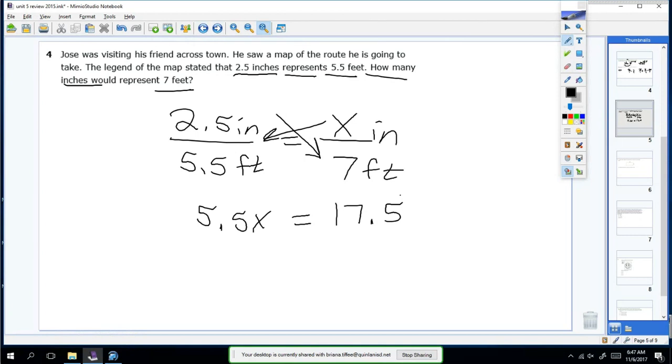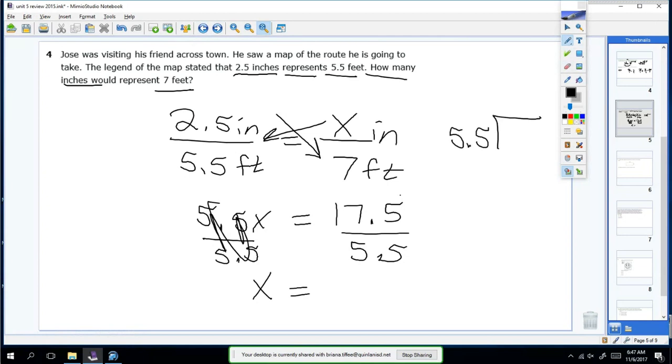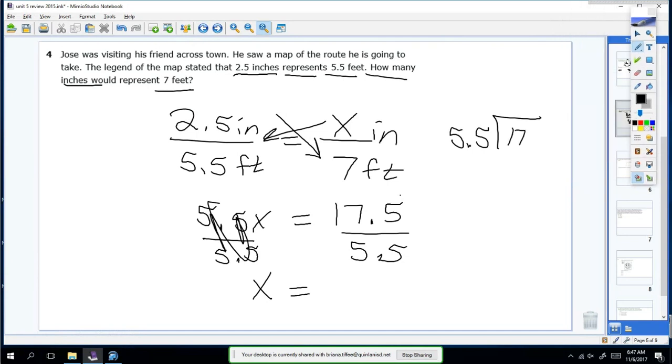And then now you're going to divide 5.5 to both sides. So these cancel out. X comes down, and then you're going to divide 5.5 into 17.5. Well, you can't have a decimal on the outside, so you got to move it once. So what you do on the outside, you do on the inside.